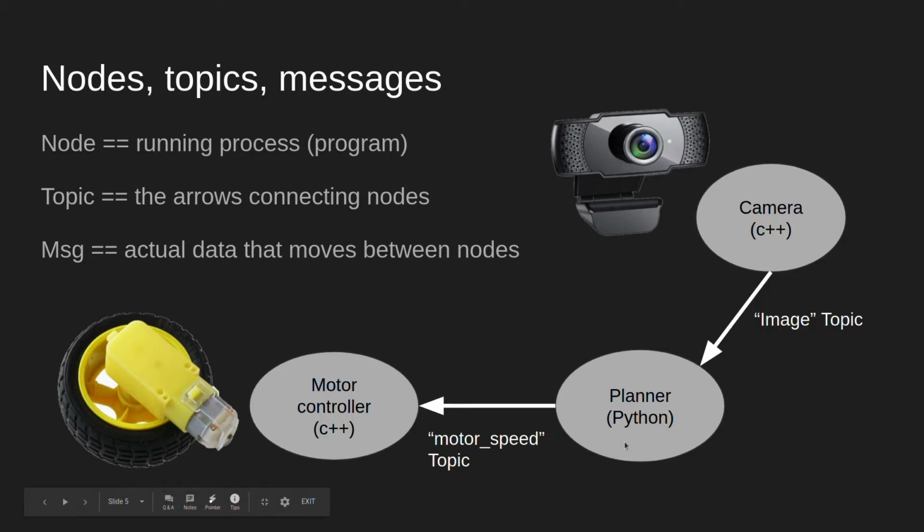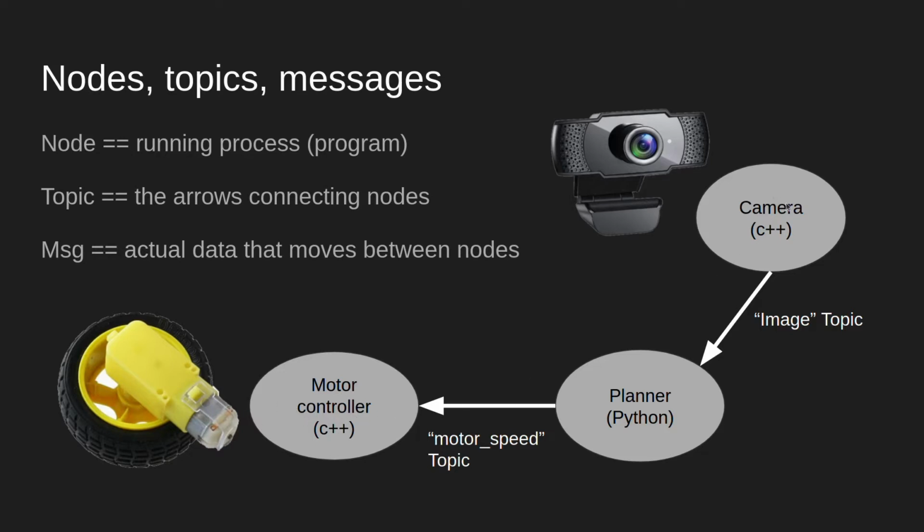The planner will take this information and do some calculation, maybe some path planning. But at the end, it comes up with some kind of motor control input, and it sends those values to the motor controller, which is written in C++. Then this motor controller will take in these values and ensure that the motors are spinning at the exact speeds the planner was asking for.